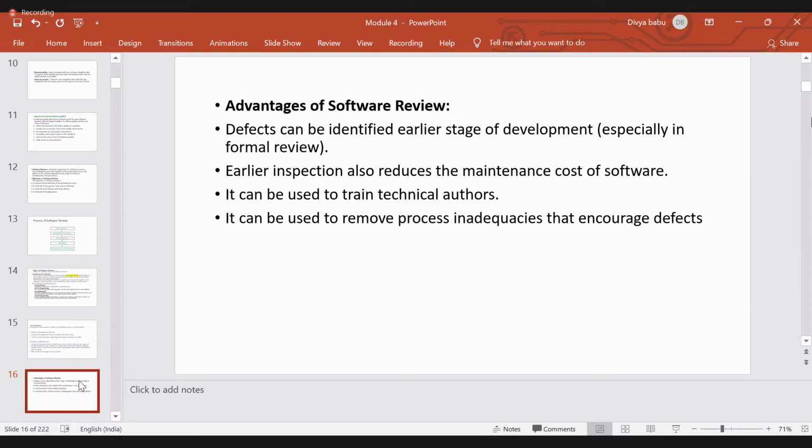So early inspection always reduces the maintenance cost. It can be used to train the technical authors, and to remove process inadequacy that encourages defects.